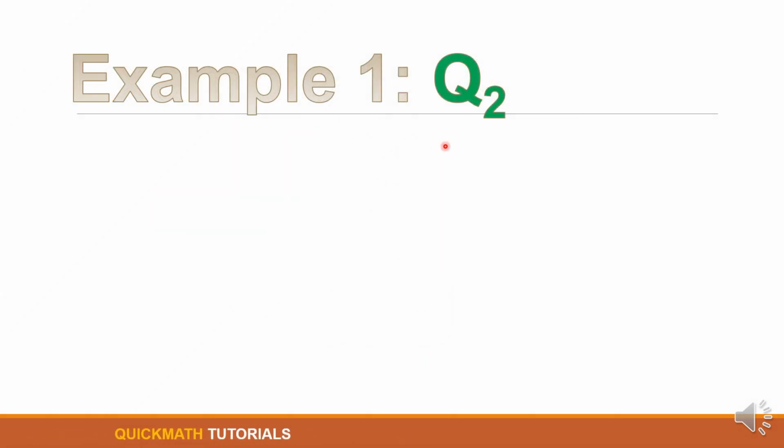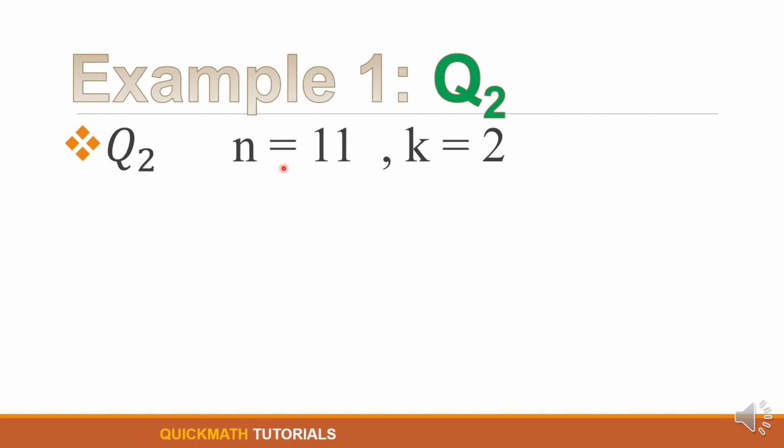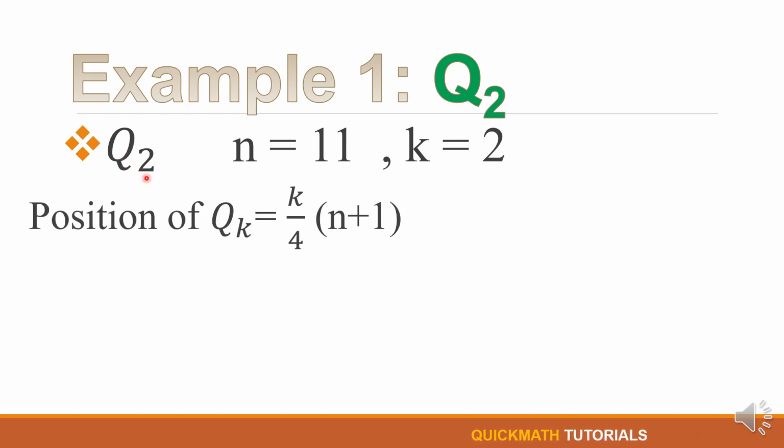Next, we will find the value of Q sub 2 or our median. So our n again is equal to 11 and k is equal to 2 since we have Q sub 2. Using the formula, we will substitute the value of n and k.